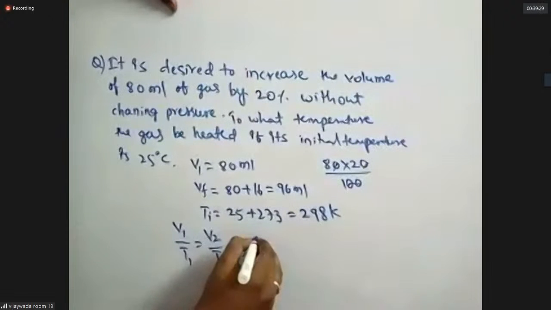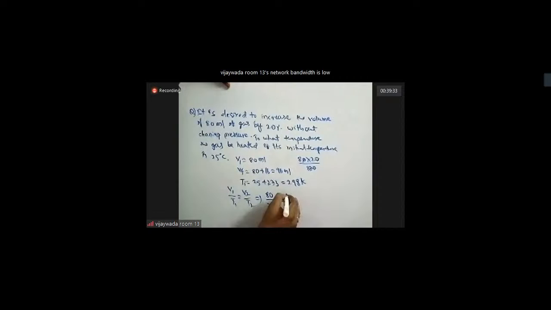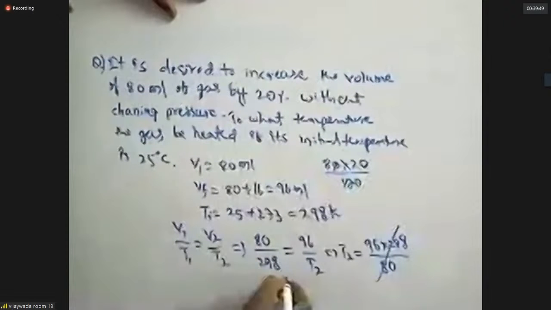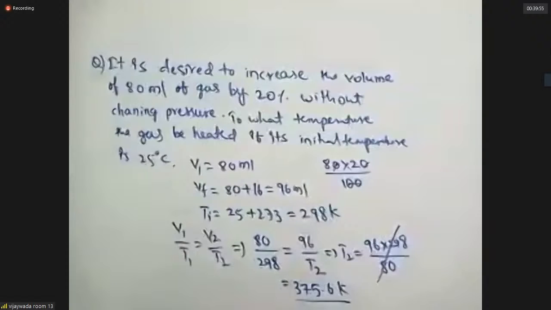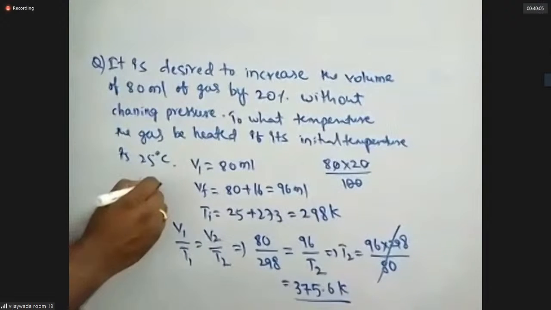V1 value is 80, T1 value is 298, V2 value is 96, and T2 value we don't know. From this, T2 is 96 into 298 by 80, and this value is 275.6 Kelvin. If you do 275.6 minus 273 in centigrade, 84 degrees Celsius.